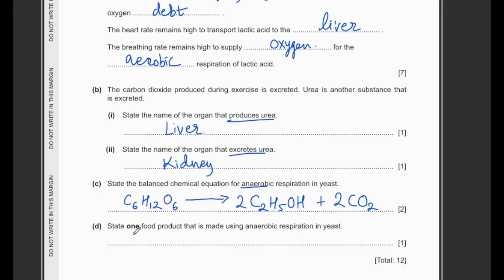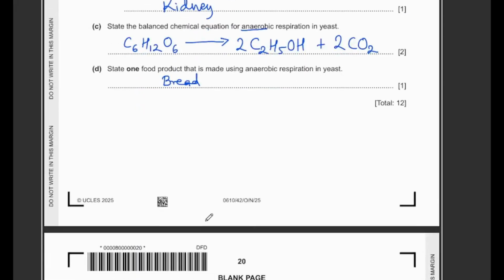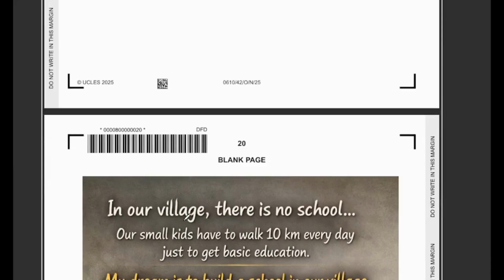Now, state one food product that is made using anaerobic respiration in yeast. It's bread. That's the bread answer here, and the end of the question paper.